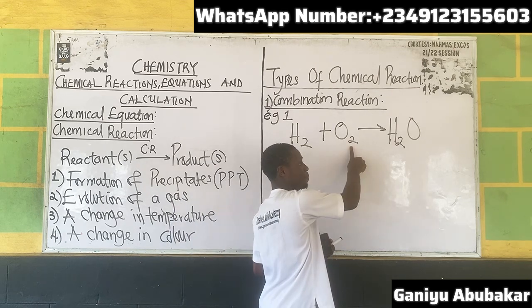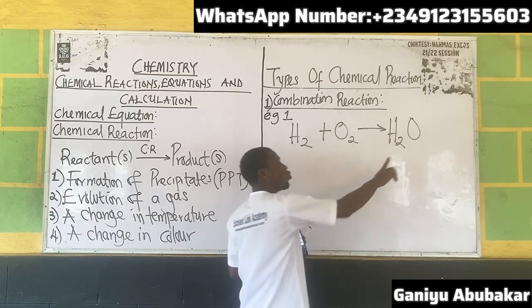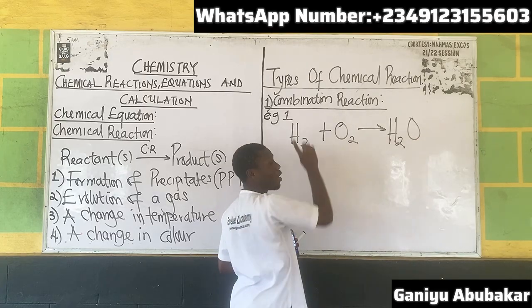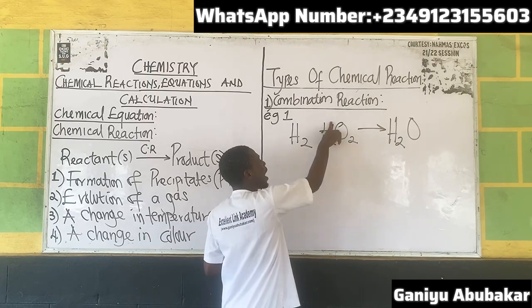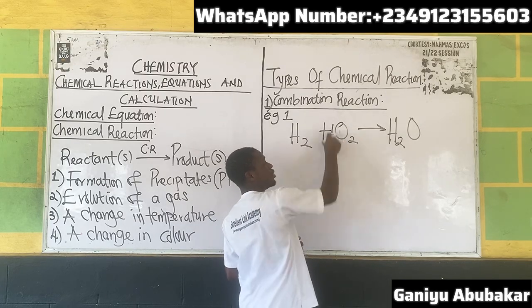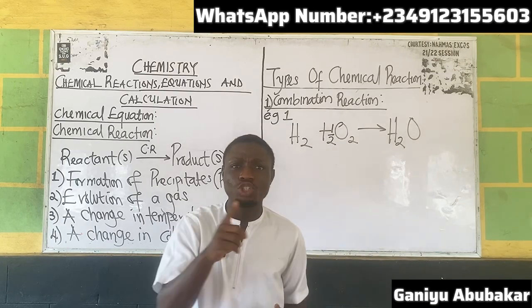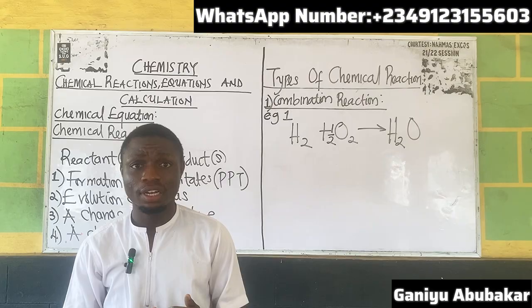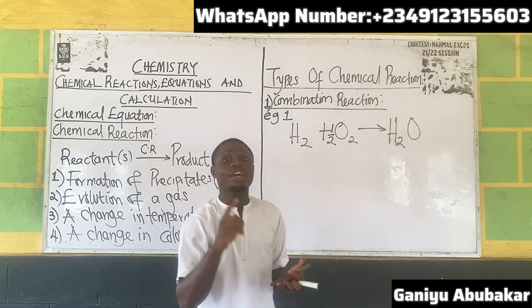Oxygen is 2 here. I can technically add, oxygen is 1 here. I can make this one 1 by putting a half here. So we know that half of 2 is 1, so oxygen is balanced. It is 1 here technically. But this, though correct, is not permitted at your level.